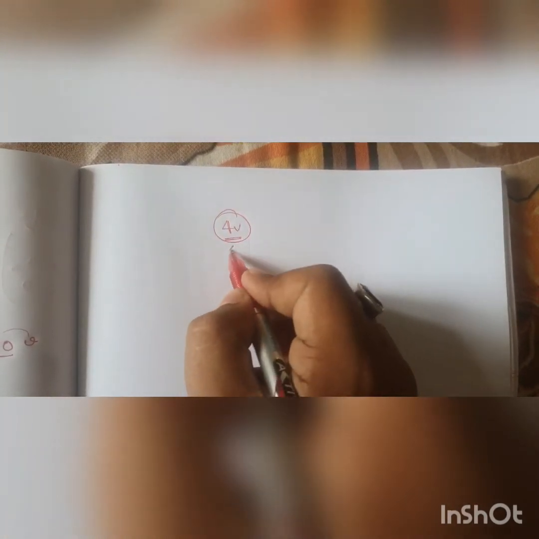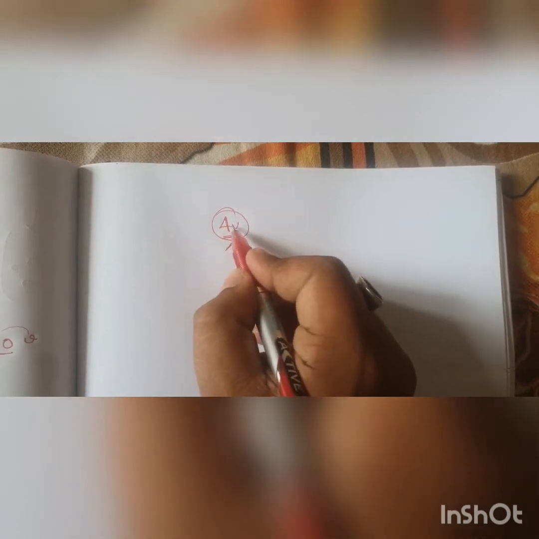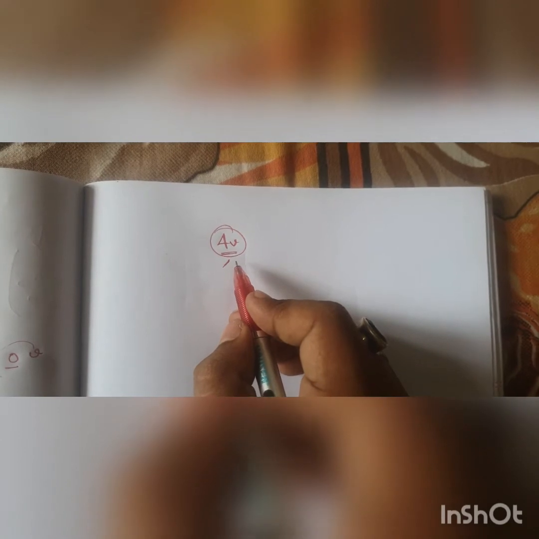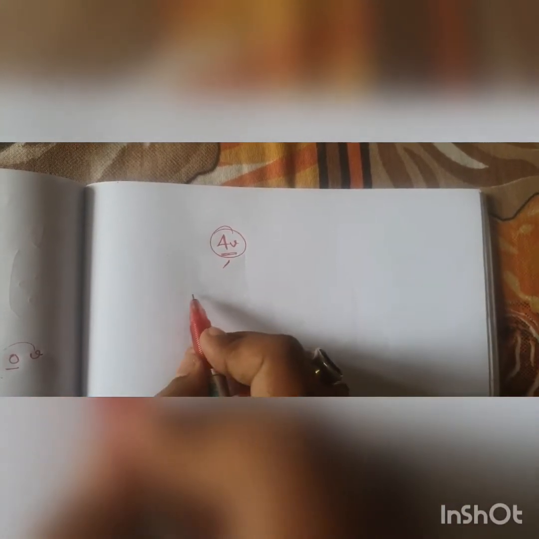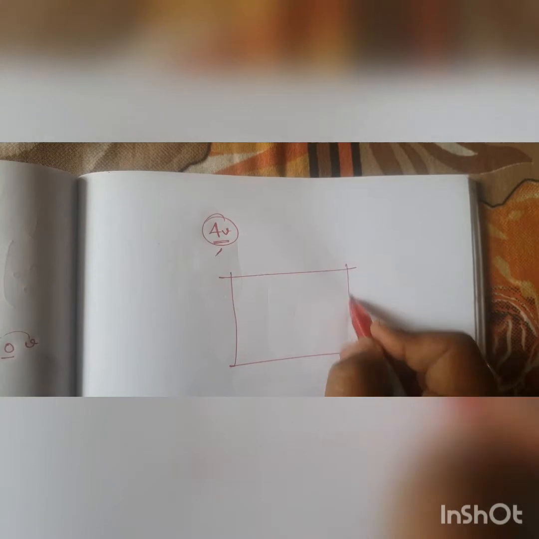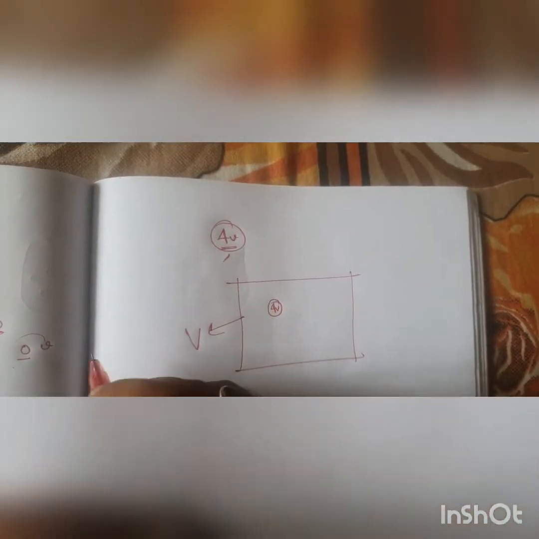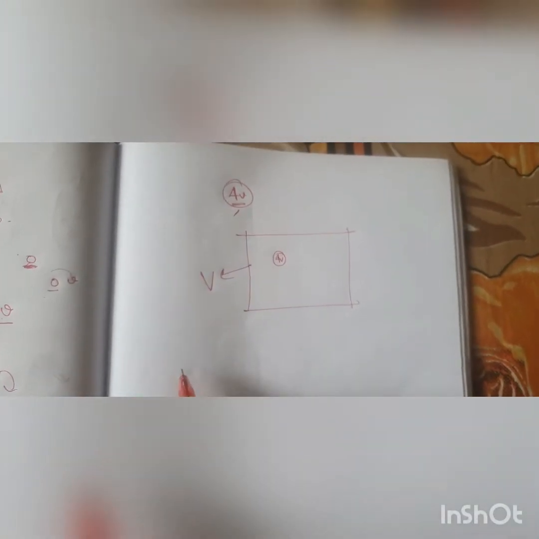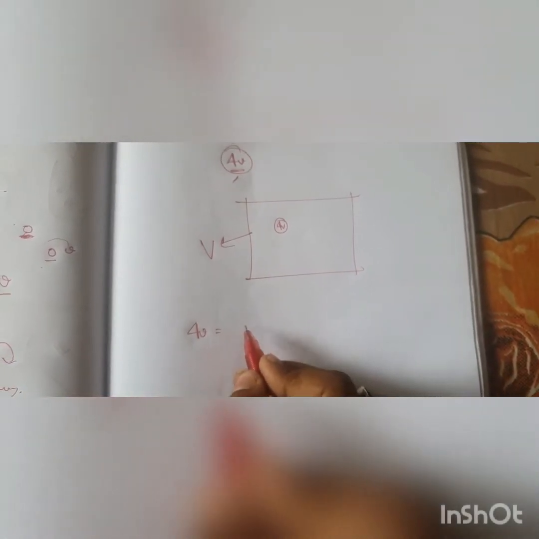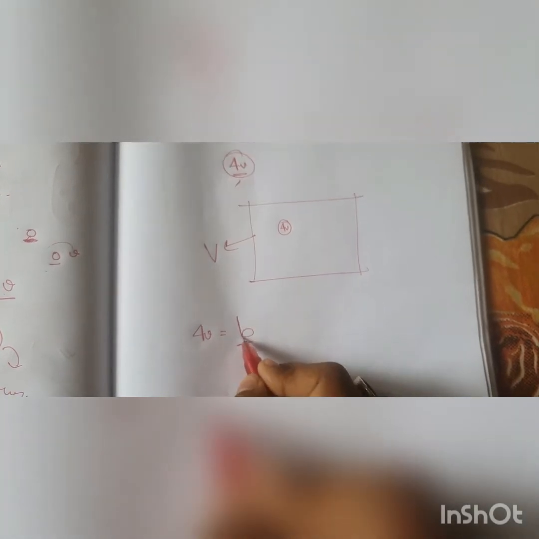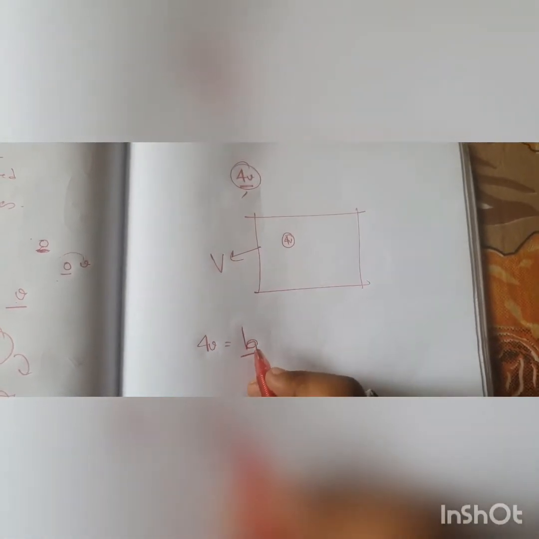Now, if you are considering 4v as the volume of the molecule, and the entire big volume is V, let this 4v be denoted as a number, as a notation, small b.